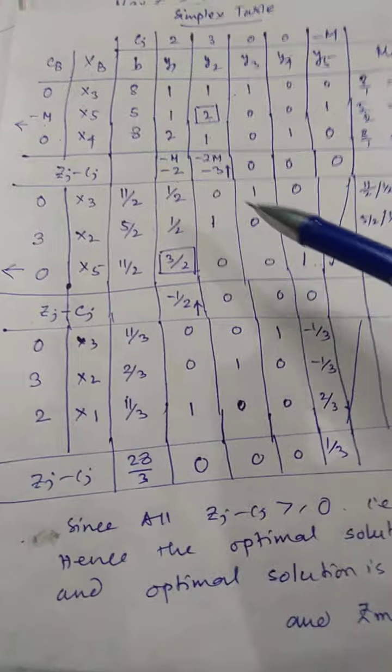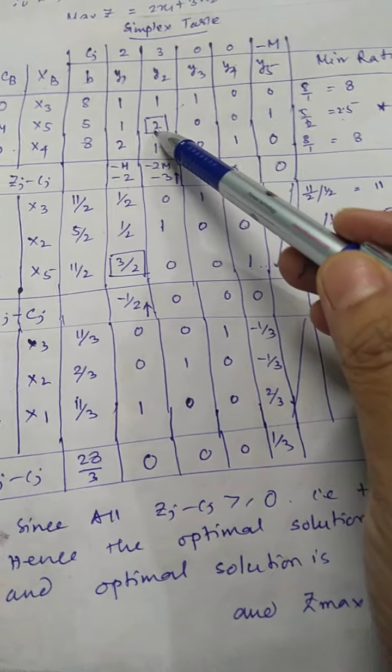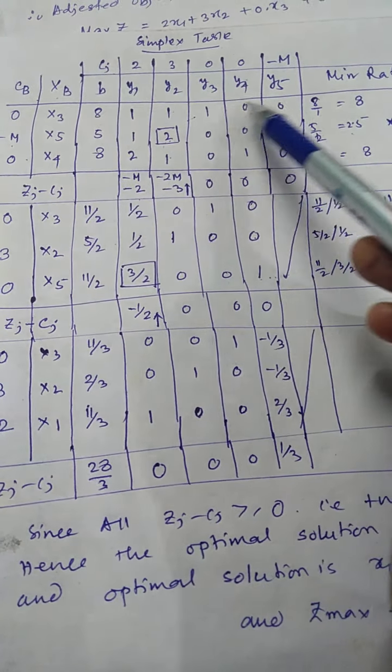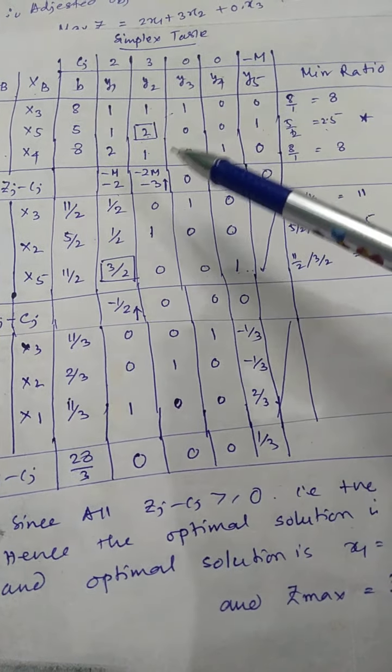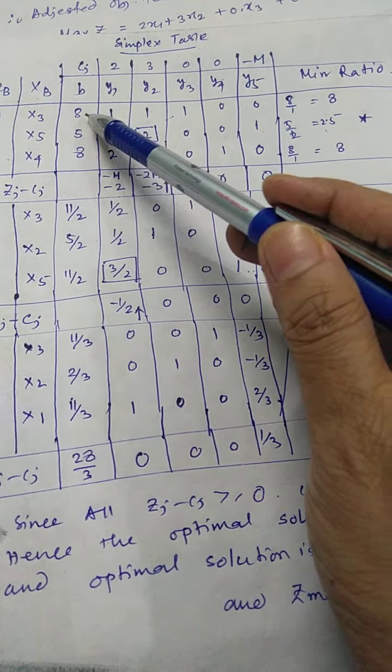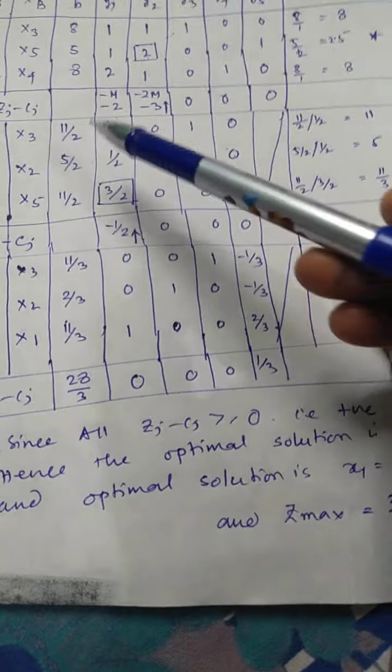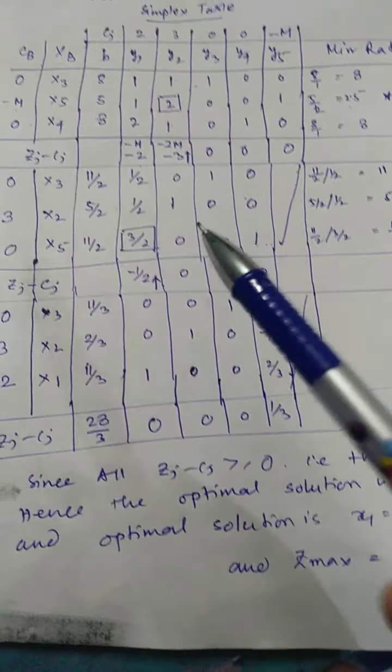Again, this is not pivotal, so we have to make this value 0 and calculate accordingly, so we subtract this row from the new row, and we get these values.